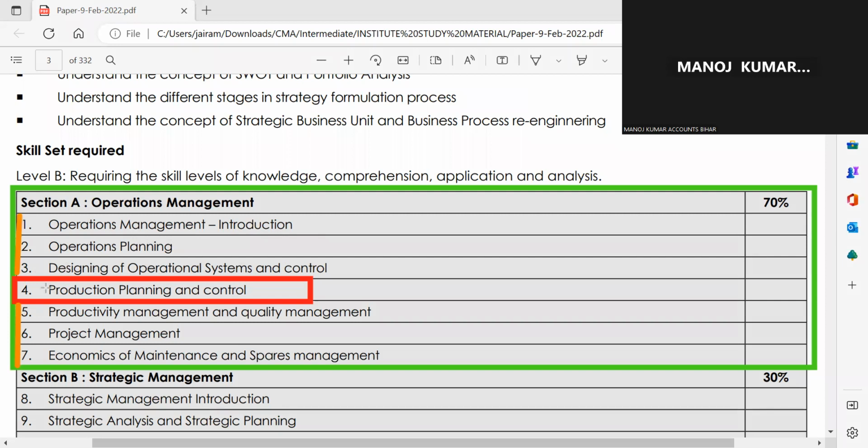And then chapter 4. In between, when we do these practical chapters, your strategic management is completely theory, so if we try to do it together, it will be very boring. There are 3 chapters of strategic management, so we'll mix and match with operations management. After finishing 4 chapters of operations management, I'll do 1 chapter of strategic management.